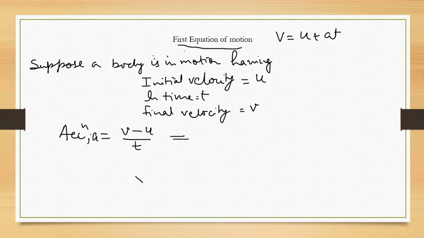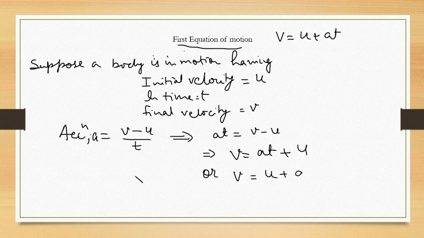So when you arrange it, it comes out to be at is equal to v minus u, and when we rearrange it, we get v is equal to at plus u, or v is equal to u plus at. So it is the first equation of motion.